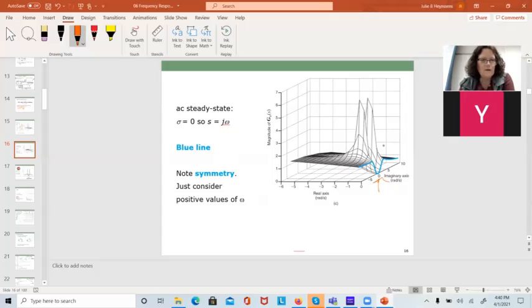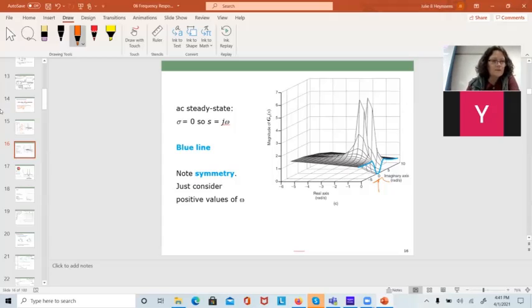Okay. Its symmetry, we only look at positive frequencies. I don't know what the word negative frequency means. What is an imaginary frequency? Well, it's the imaginary axis. So that would be things that are like sines and cosines. The real axis is things that are exponential.